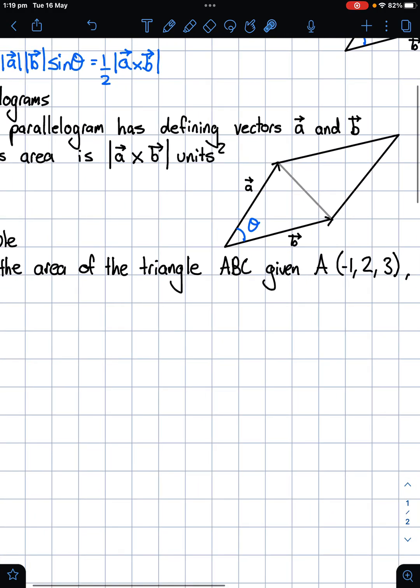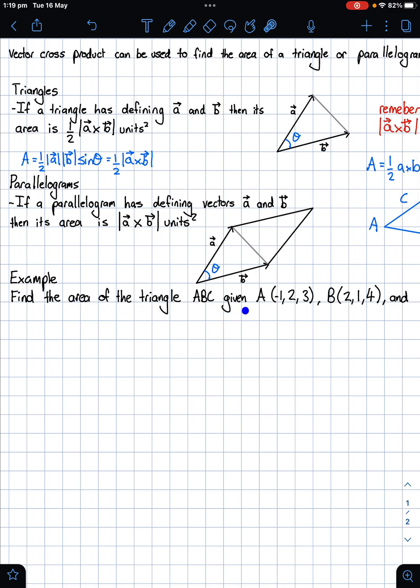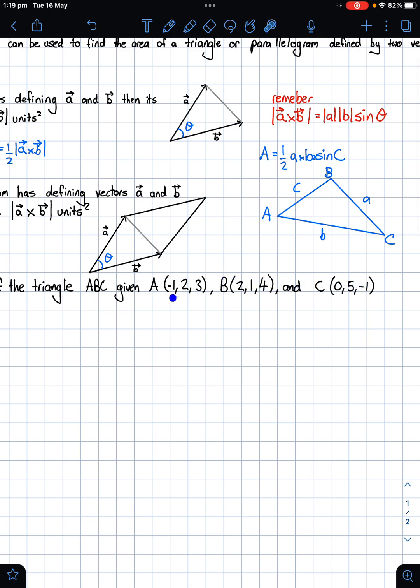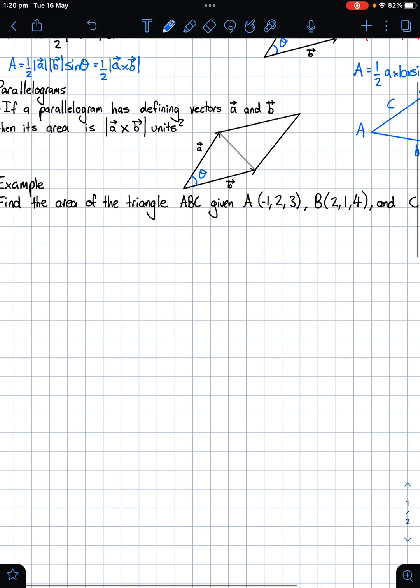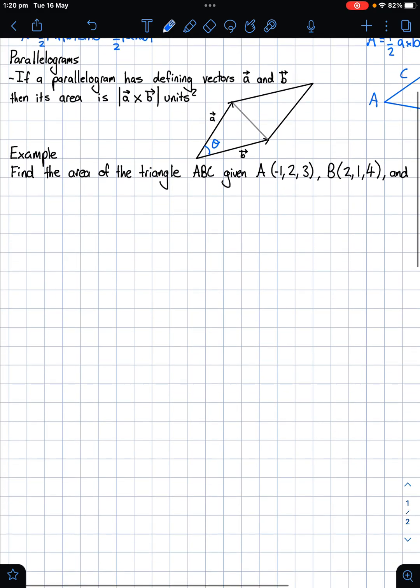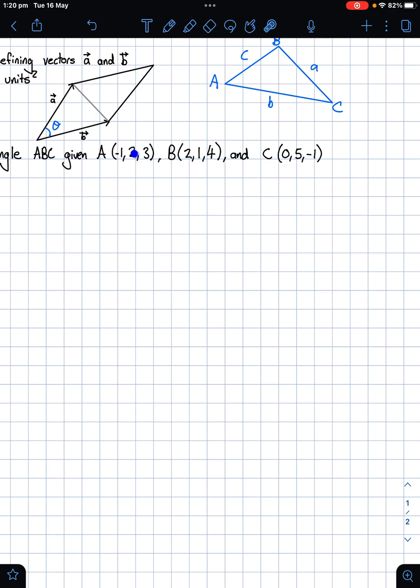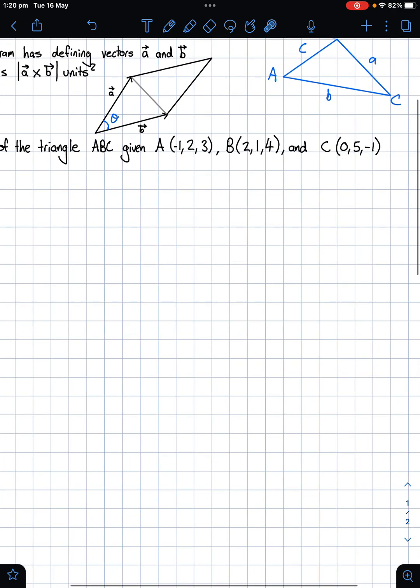So let's just use this to find the area of a triangle ABC given these points here. Now, if you wanted to, you could technically just use this area of the triangle. You just find the lengths of them, and you would find the angle between them. But that's harder for us to do algebraically. Whereas if we actually work out these vectors, we can come up with the triangle. Now the textbook has picked this A. I might pick A as well, but you can pick any of these points.